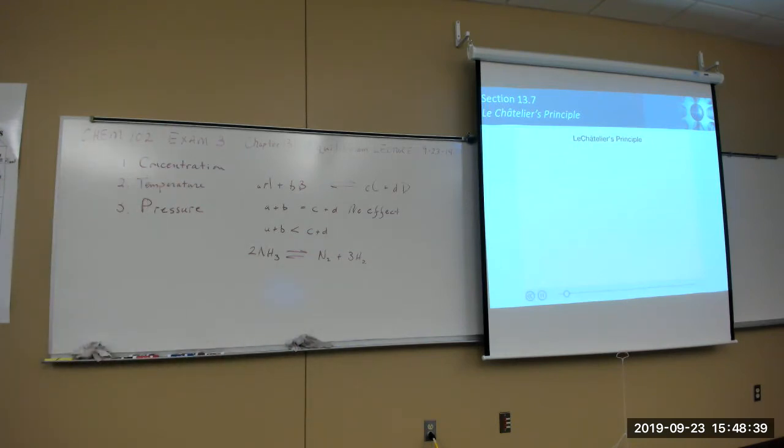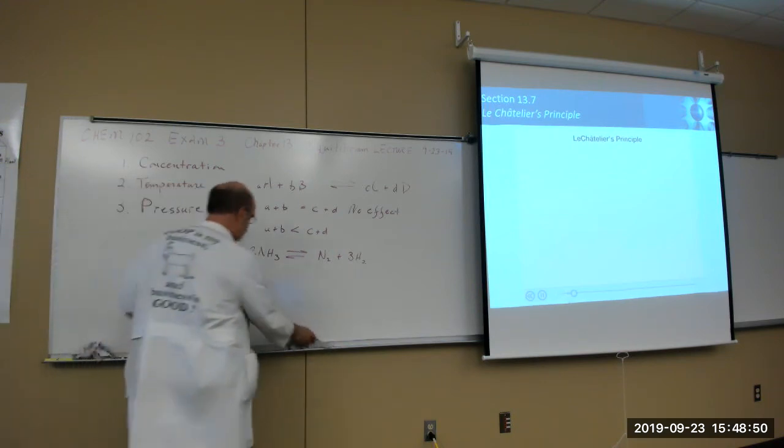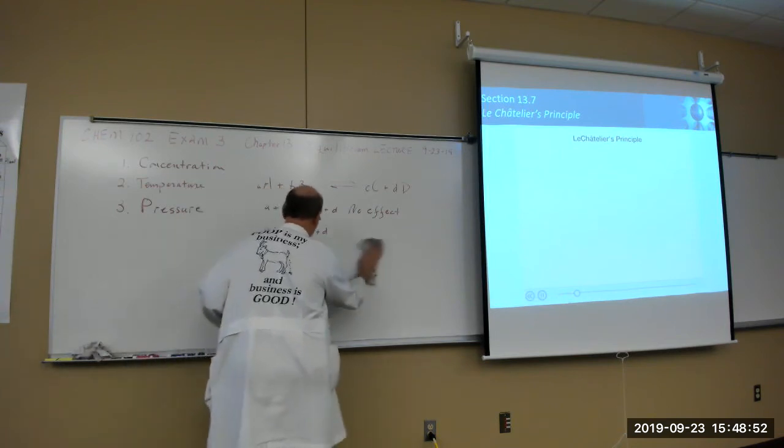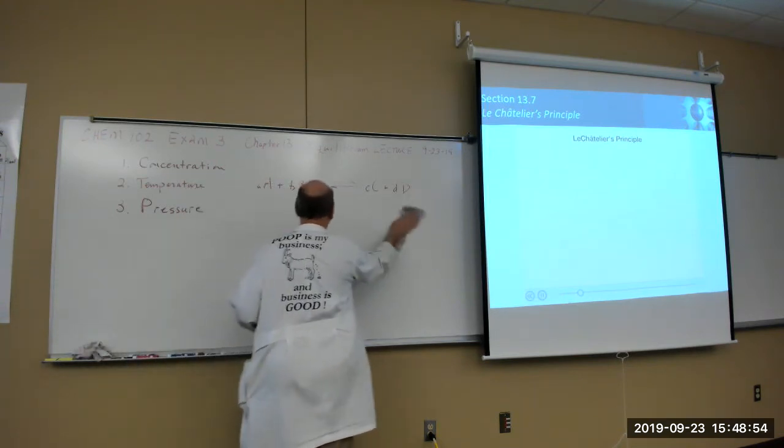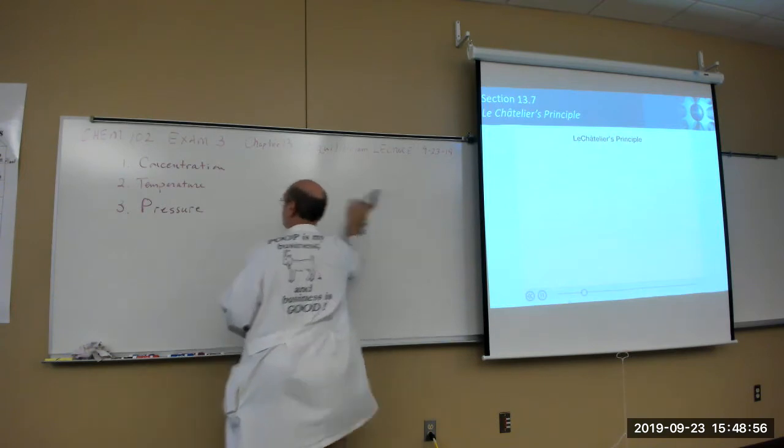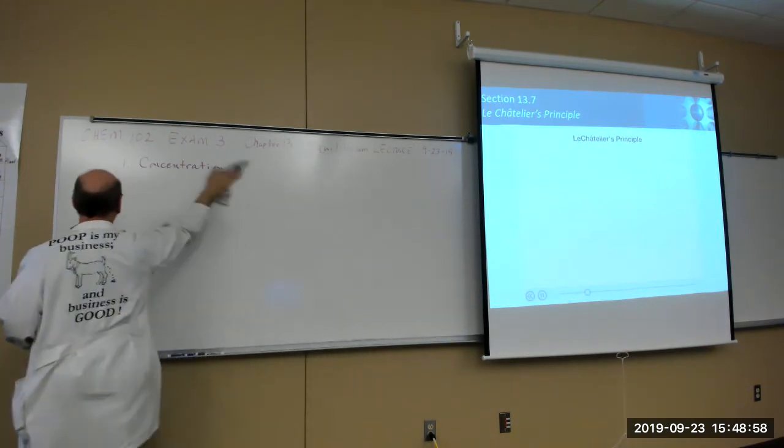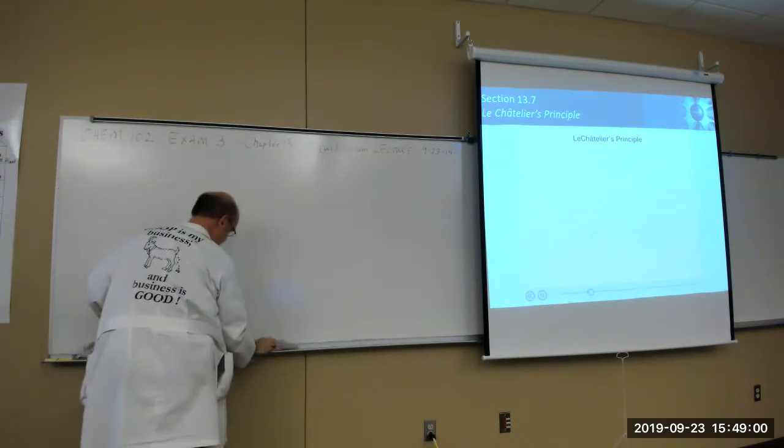How does the system respond to an added stress? If reactant or product molecules are added to a system at equilibrium, the system will shift toward the side opposite of the added component. If a reactant or product is removed, the system will shift toward the side of the removed component.